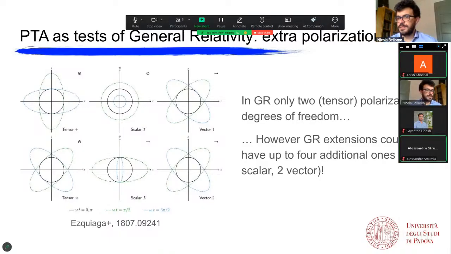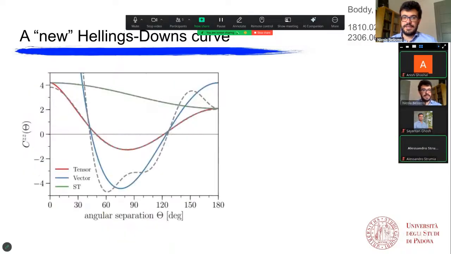We of course know GR is very well tested in multiple regimes, but it's always good to try to confirm it. The particularity of these extra degrees of freedom is that they produce a Hellings-Downs curve that is significantly different from the one produced by the plus and cross modes.